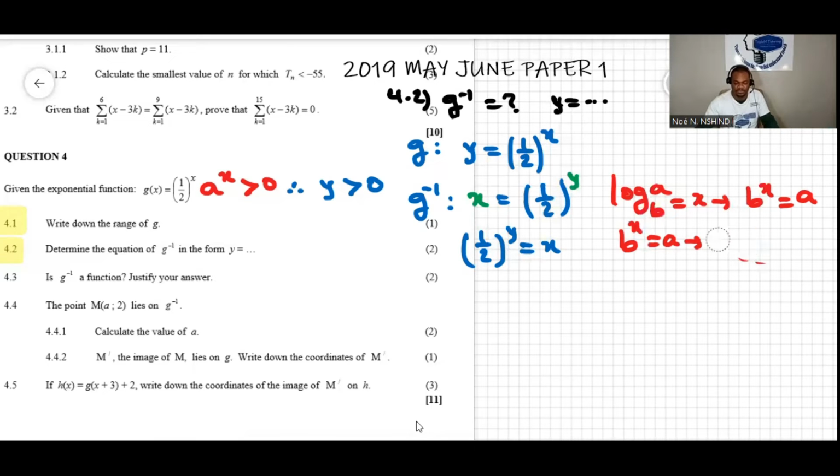So let me just write it even better. I prefer to write it this way: x equal to log of a base b. Yes, so those are the formulas. In red is the formula. So our variable here is y, because ½ to the power of y, so b to the power of x.